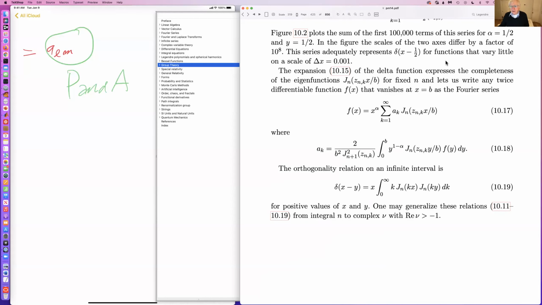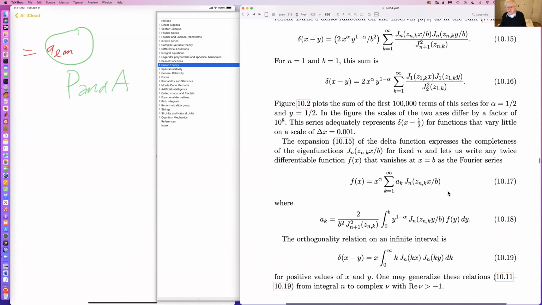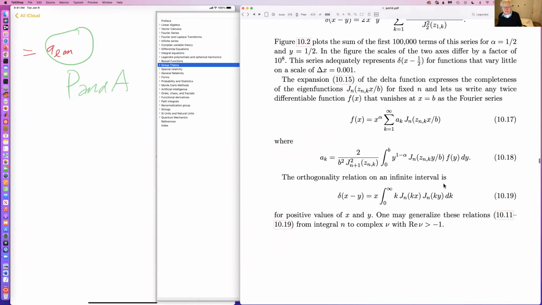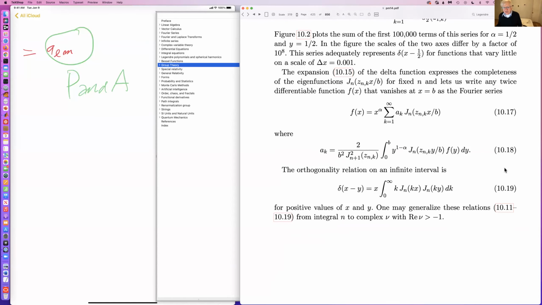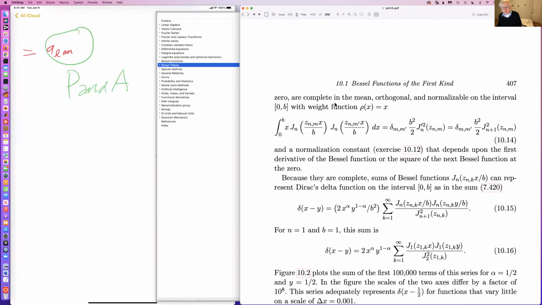Anyhow, this delta function expansion means we can expand any function in terms of the Bessel functions, and the expansion looks like this. This whole business is related to this orthonormality relation on this particular integral. Remember, b was arbitrary. Once you pick b, then the eigenvalues are given by the zeros of the Bessel function divided by b.